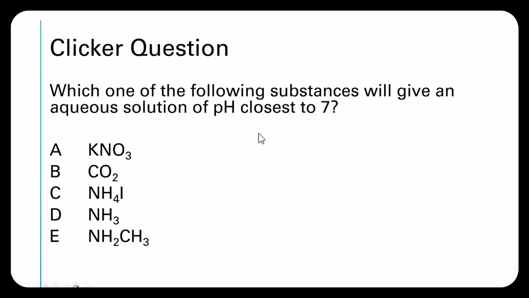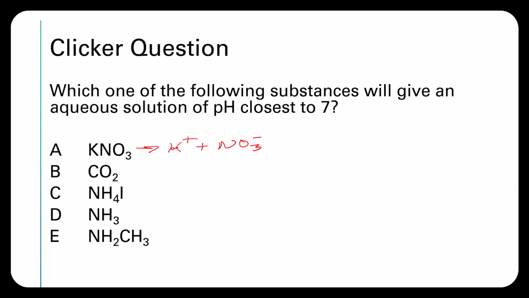Okay, which of the following substances will give an aqueous solution a pH closest to 7? Well, we're looking for a neutral salt, and we'll just describe each one of these. This is going to be K plus and NO3 minus.